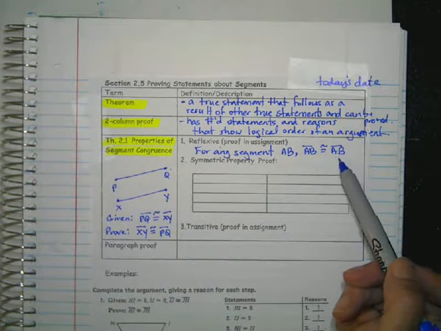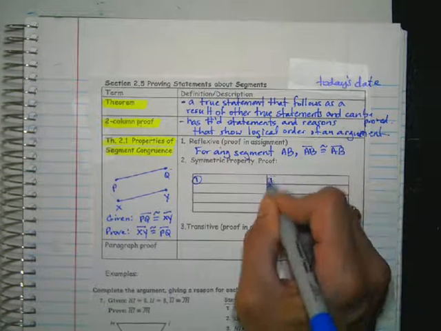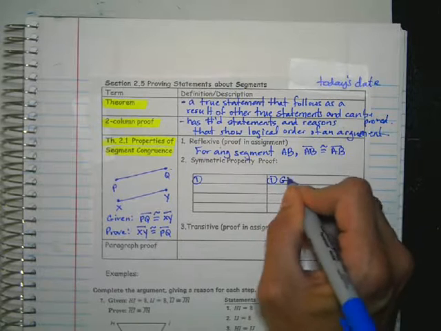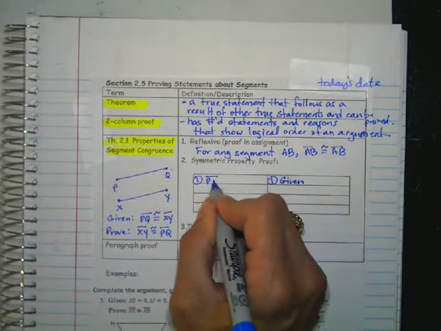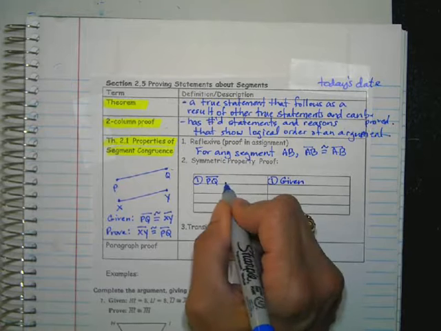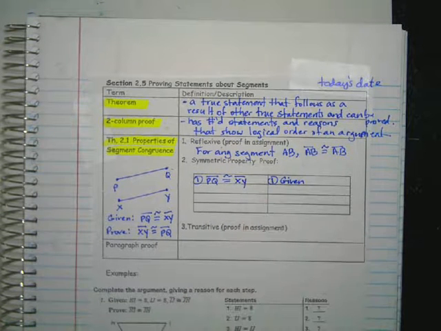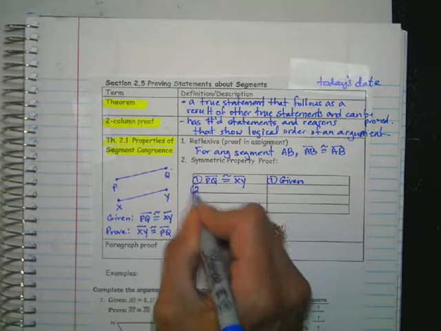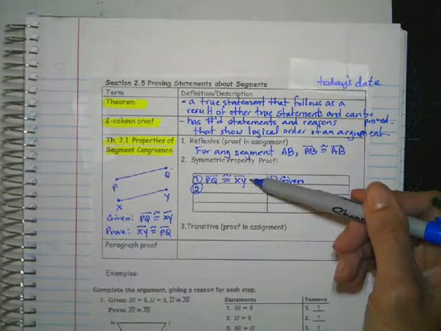So you always start, number one, with the given. So in this line we'll say line segment PQ is congruent to line segment XY. From that, since we know they're congruent, we know their measures are equal.